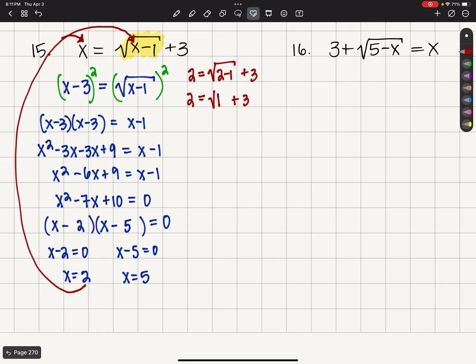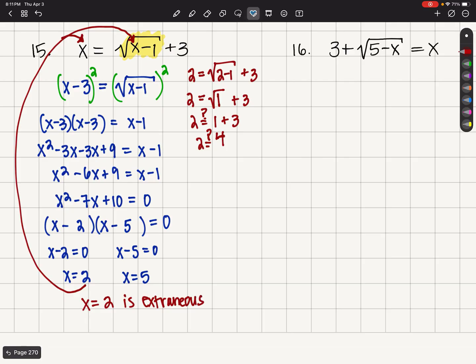I said 1 because 2 minus 1 is 1, and the square root of 1 is 1. Is 2 equal to 4? I would say no. X equals 2 is extraneous.